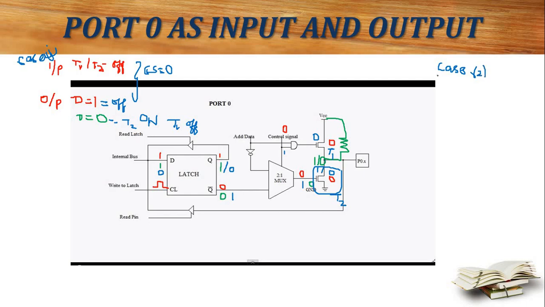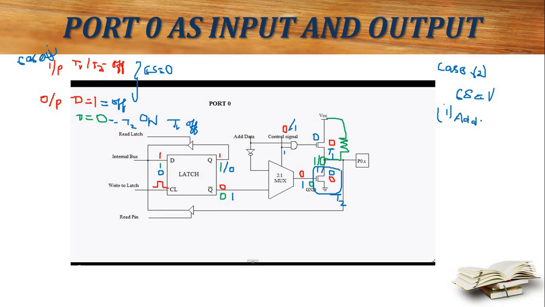Case 2, that is control signal is equal to 1. If control signal is 1, first condition, I'm going to check that address line as 1.